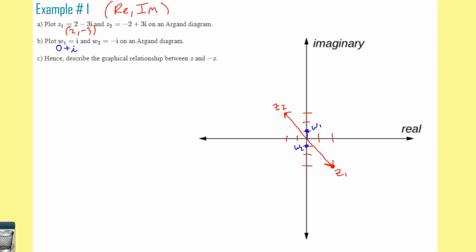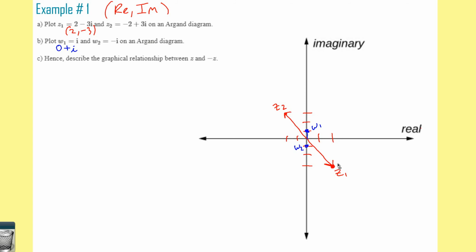So what's the relationship between Z and negative Z? There are two ways you can say this. You can say that negative Z is the image of Z rotated by 180 degrees, because what's the straight line?